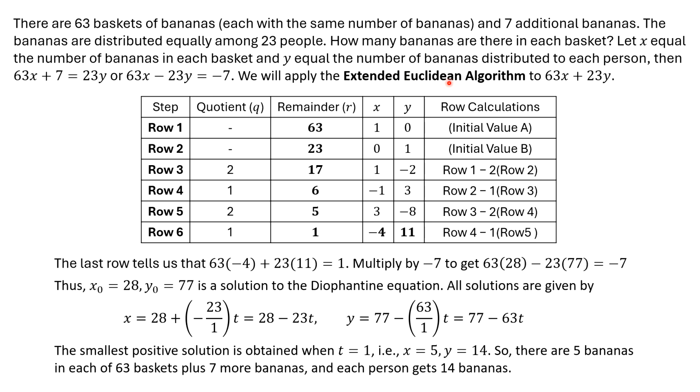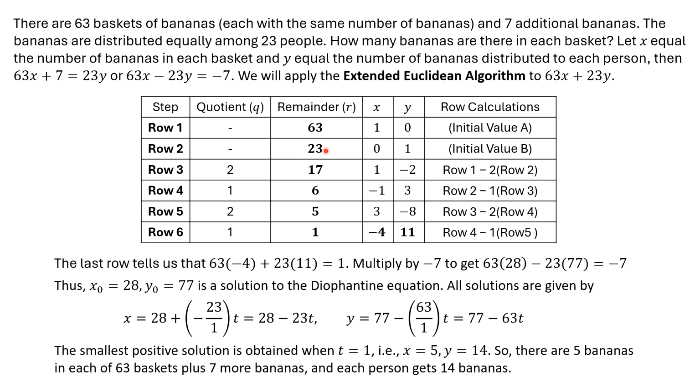And then we're going to use the extended Euclidean algorithm to find both the GCD of these two numbers and eventually a solution to this equation. So the way it works is we plug in 1 for x and 0 for y, and we get 63. And so that's an equation. And then we plug in 0 for x and 1 for y, and we get 23, and we get another equation. Then we work with these two equations to get a third equation.